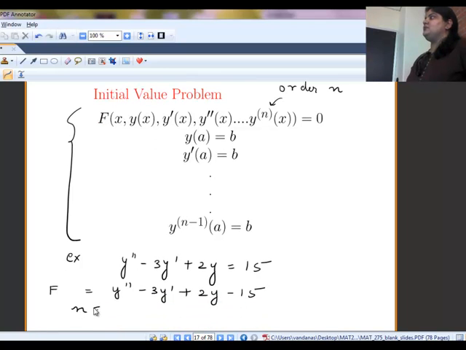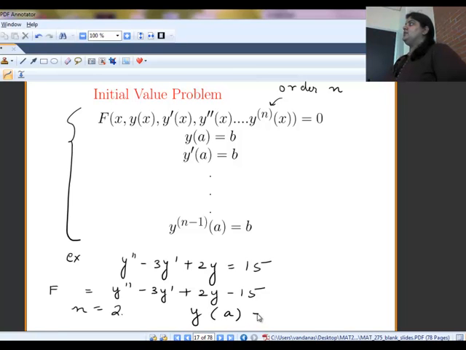So if n is 2, how many initial conditions do you have to specify? If n is 2, then n minus 1 is 1, which means up to the first derivative. So in that case you need 2 of them, right? In this differential equation, if you want a unique solution, you have to specify 2 initial conditions.